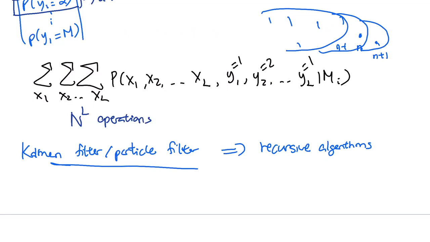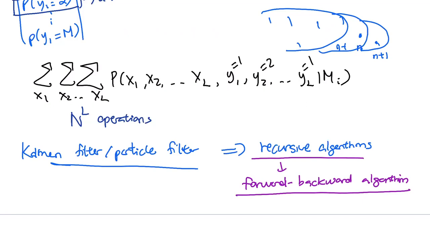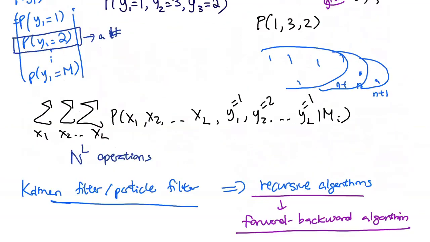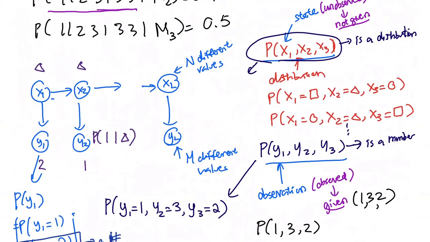So in the hidden Markov model, this recursive algorithm is called the forward backward algorithm. Forward means forward in time, backward means backward in time. So there are actually two ways of doing this. You can go forward in time or you can go backward in time.